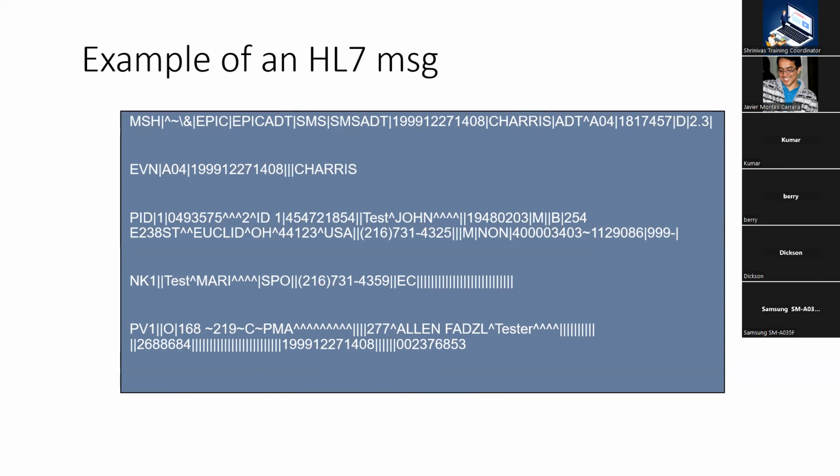In the same way, every segment will have its own name. The first 3 letters of that segment will tell you what that name is. For example, here we have MSH, EVN, PID, NK1, PV1, and each of these is an acronym. They have their own full forms and they represent what kind of data that particular segment is transacting.